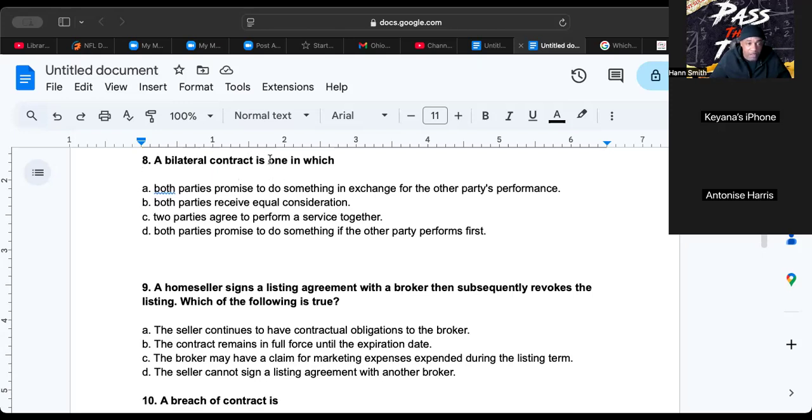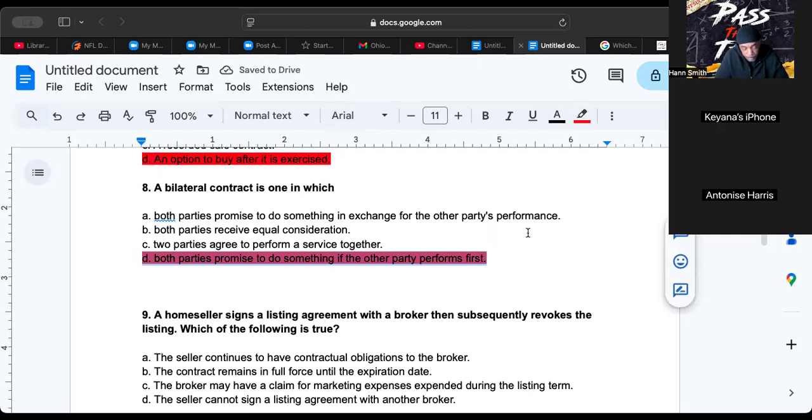A bilateral contract is one in which A, both parties promise to do something in exchange for the other party's performance. B, both parties receive equal consideration. C, two parties agree to perform a service together. D, both parties promise to do something if the other party performs first. If the other party performs first, I'm going to get rid of that one. We need to get rid of one more.